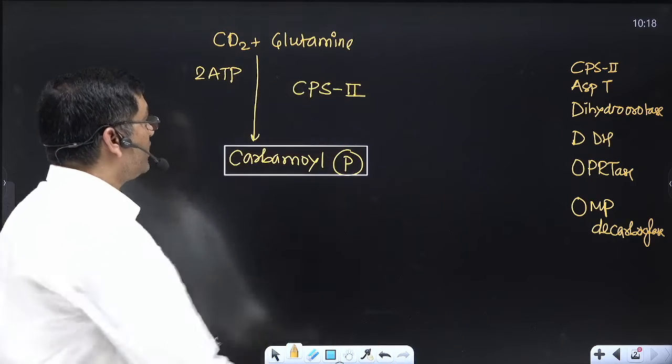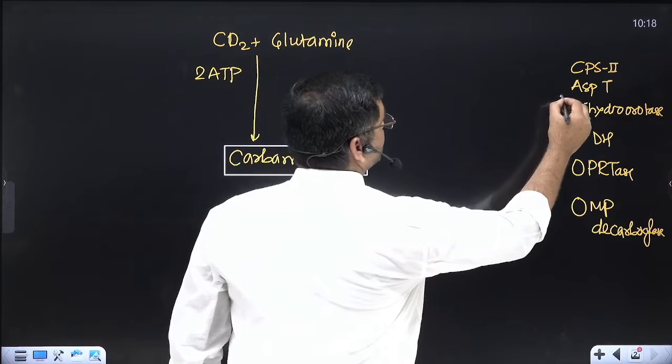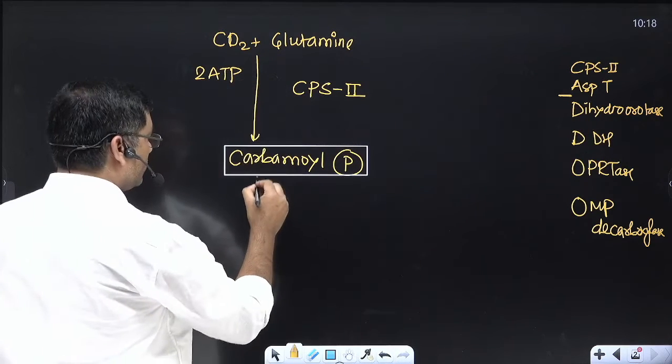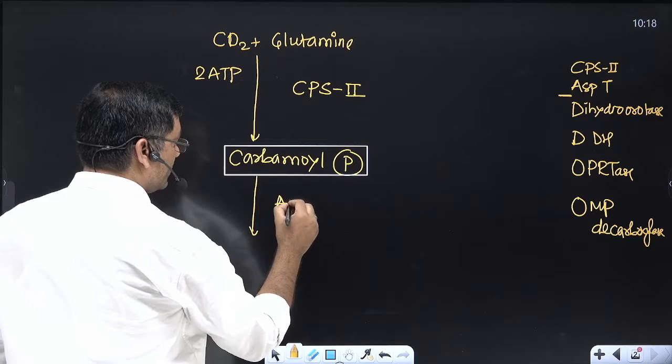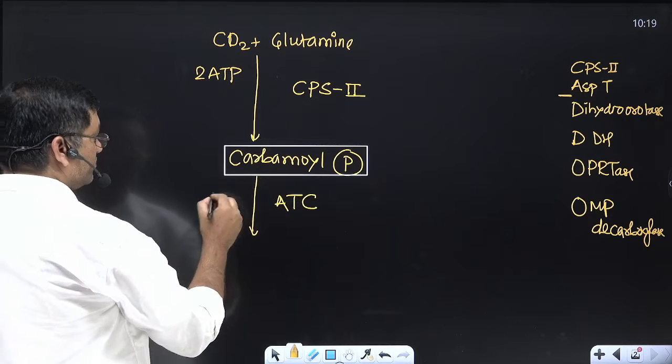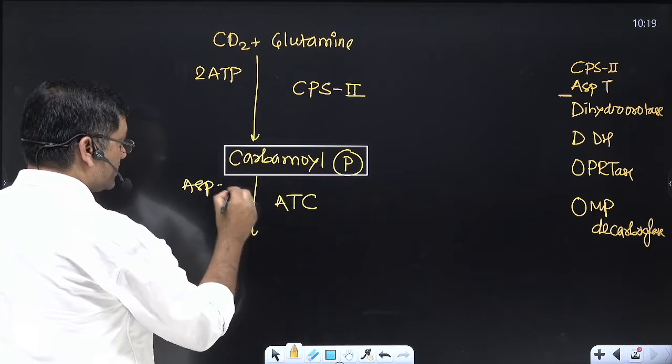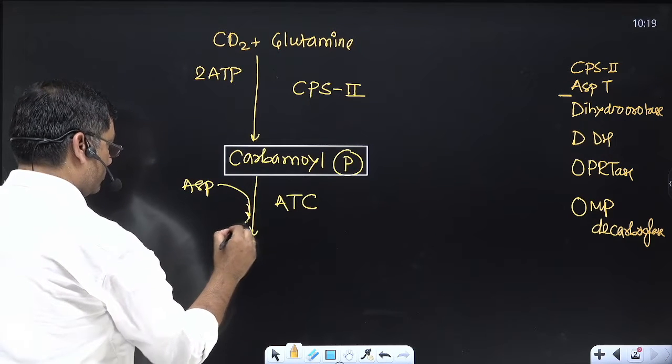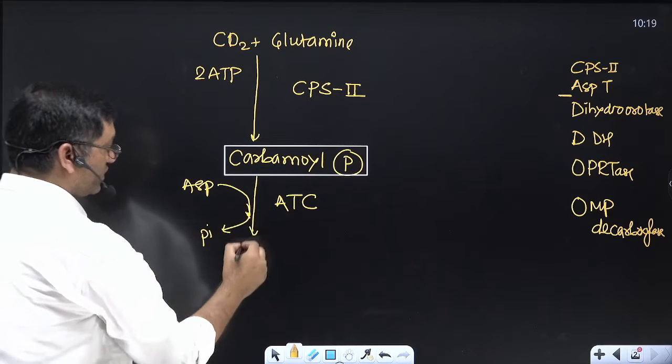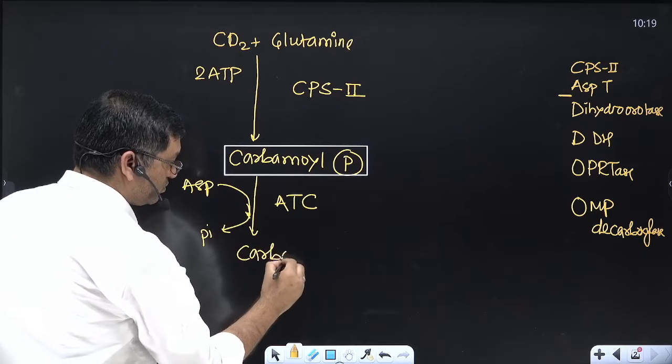Now this carbamyl phosphate is the first. It is acted upon by the second enzyme, aspartate transcarbamylase, and there is condensation with aspartate to form carbamyl aspartate.